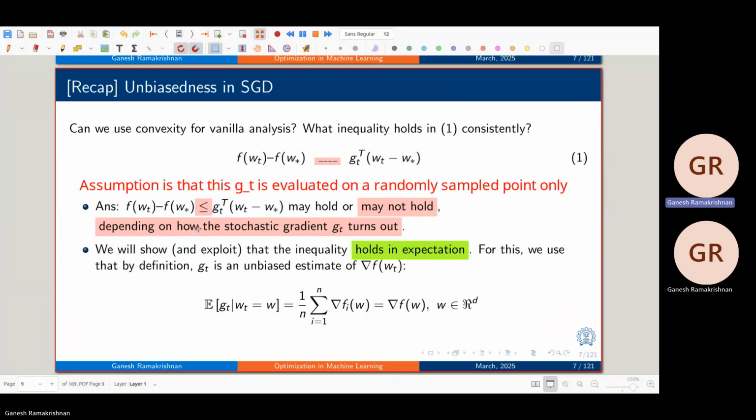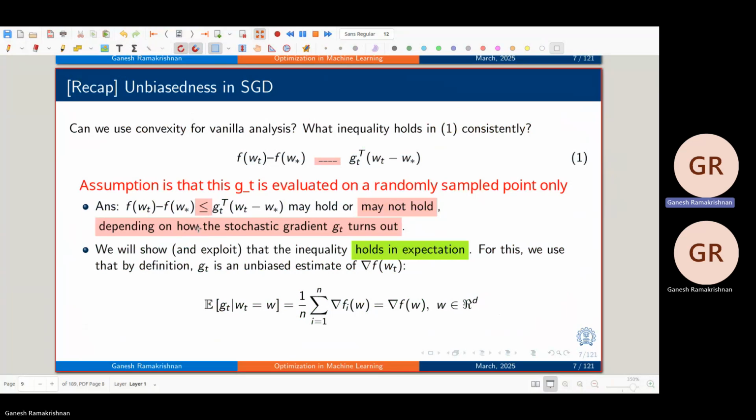So the question is, how does this compare? What are we trying to do? Comparing g_t, which is the gradient at the ith point, with 1 upon n of the summation of the gradients at all the n points. This is what we are doing, comparing g_t with the average of the gradients.